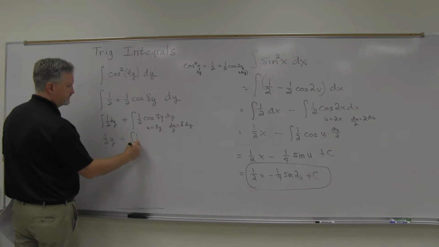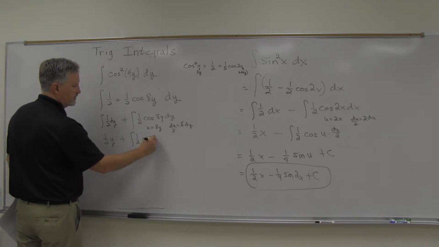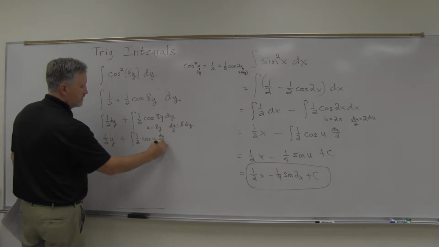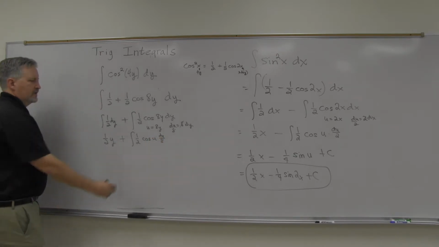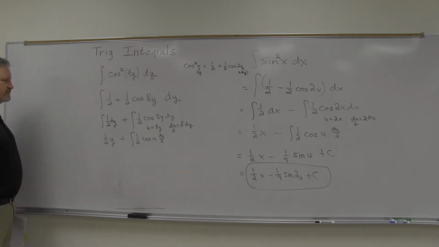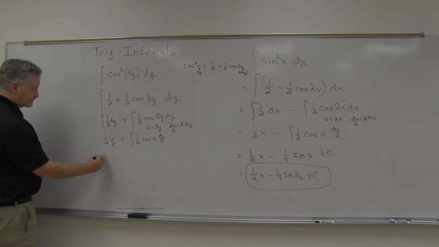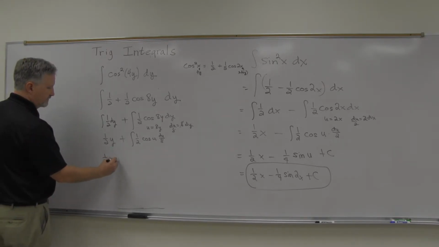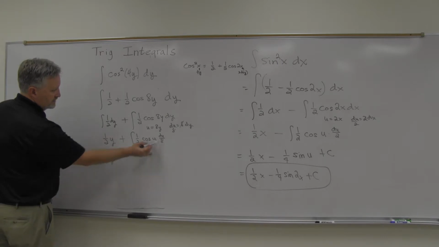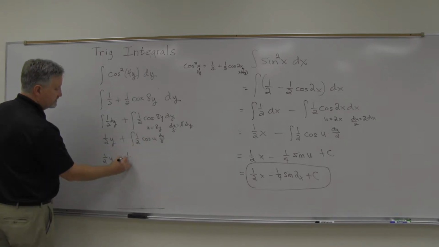So I have 1/2 cosine of u, du over 8. Now we've got 1/8 and 1/2, so it's 1/16.